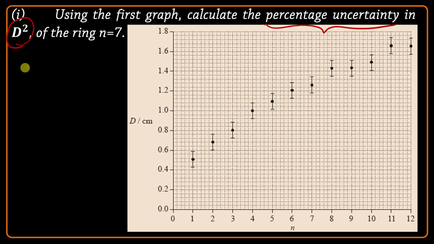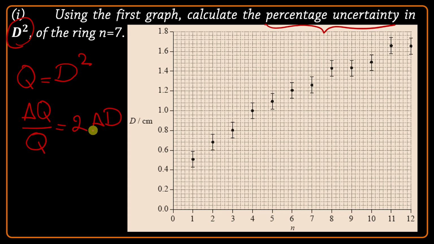Let's take a new quantity q, where q is d squared. The percentage uncertainty for q, delta q over q, is exactly the percentage uncertainty for d squared. It's going to be 2 delta d over d, based on the theory I have already mentioned in previous videos.